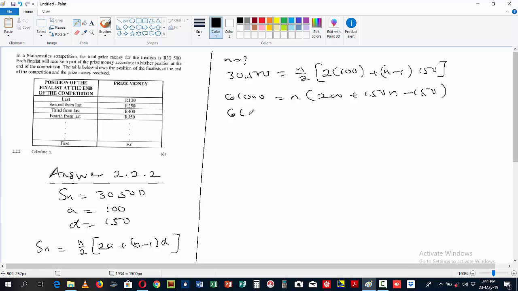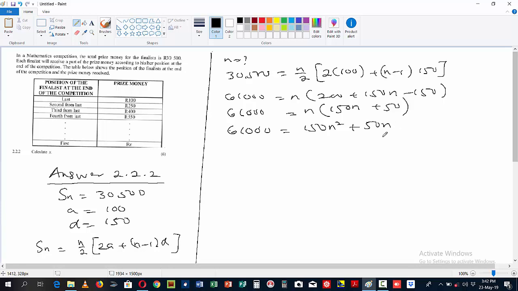Now 61,000 equal to n into 150n plus 50, because 200 minus 150 is 50. Now you remove the bracket: 61,000 equal to 150n square plus 50n.